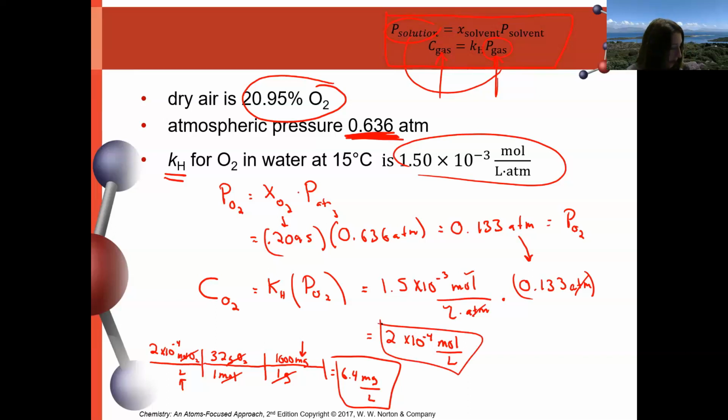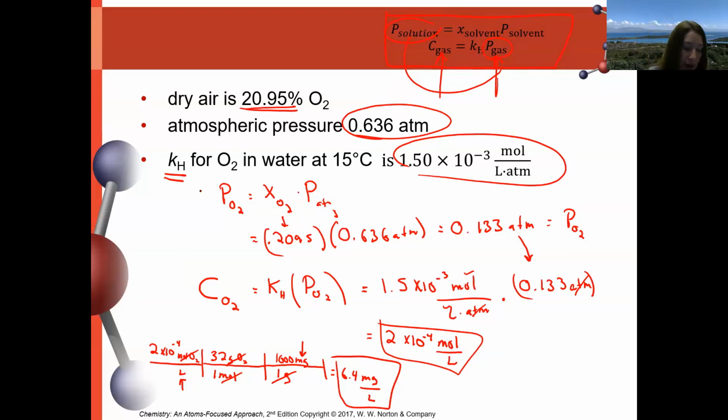Okay, so again, what did we do here? So this whole thing, we needed to figure out the pressure of specifically oxygen. They gave us the whole pressure of like every molecule in the atmosphere, but they asked oxygen. But then they said oxygen is 20%, 21% of all of the molecules.